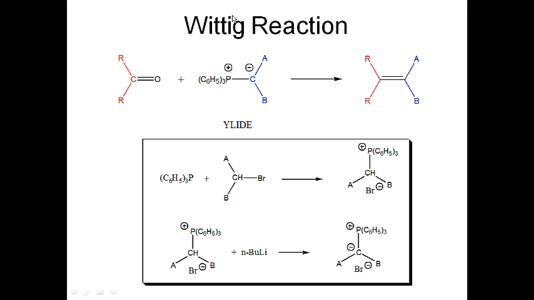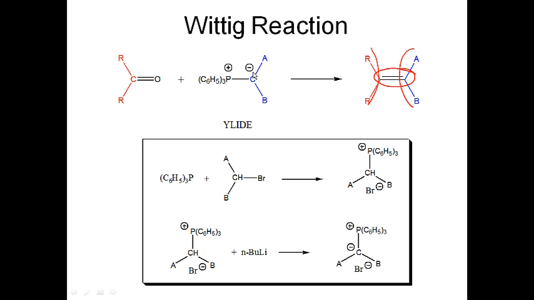He came up with a way to take this molecule called an ylide, and I'll talk about how we get this in a moment, and basically couple it together with a ketone or an aldehyde. And the result is that you form a double bond with this part coming from the ketone or aldehyde and this part coming from the ylide.